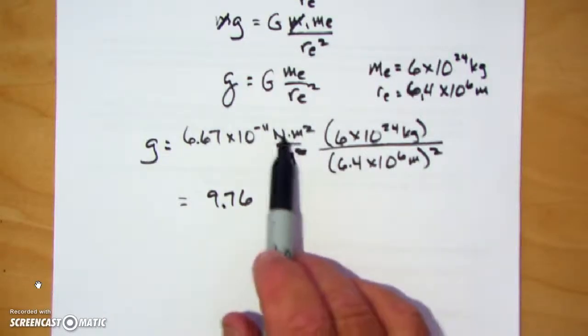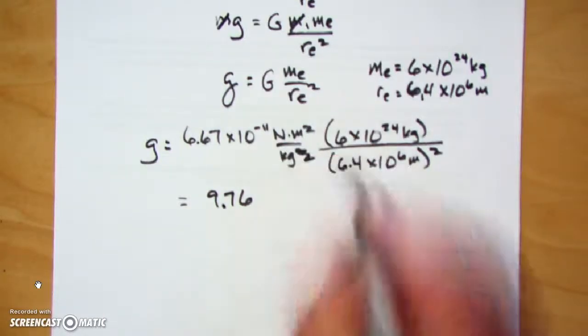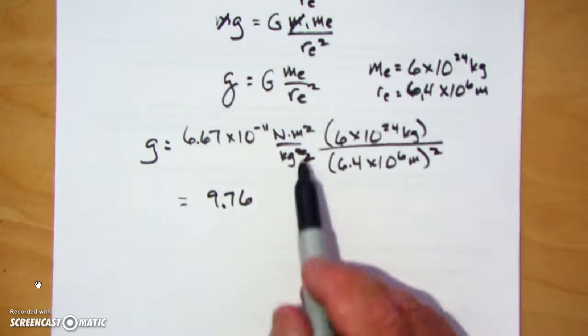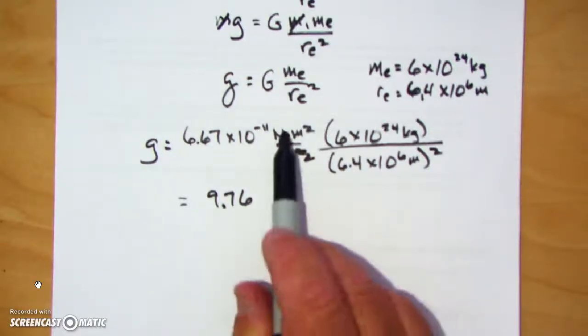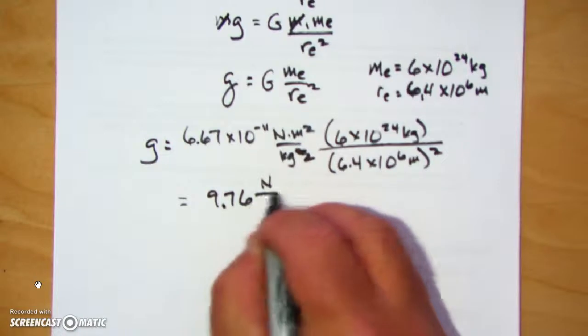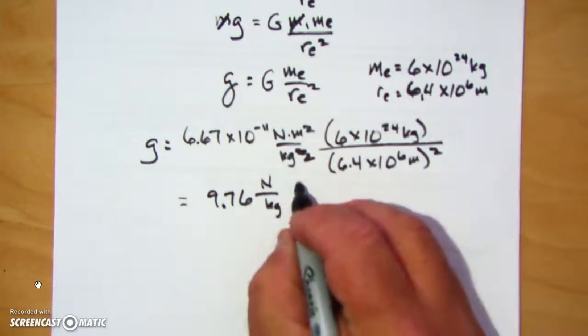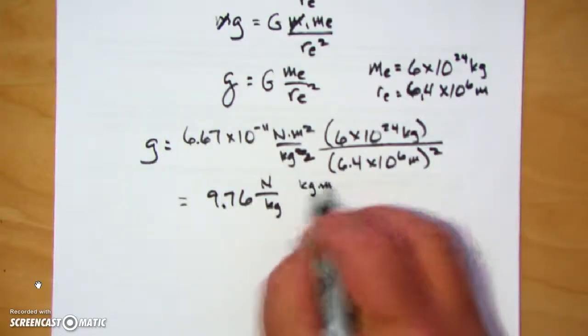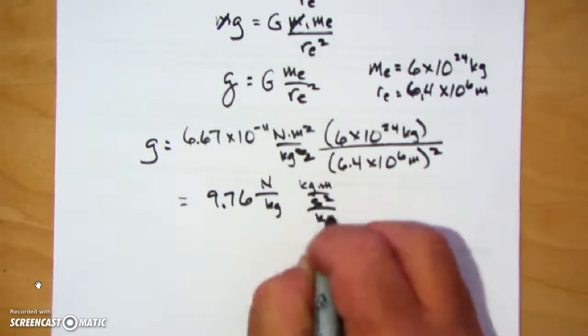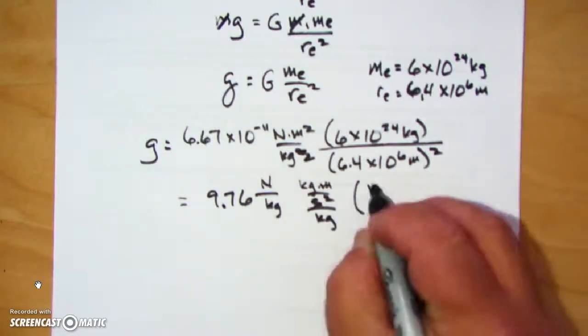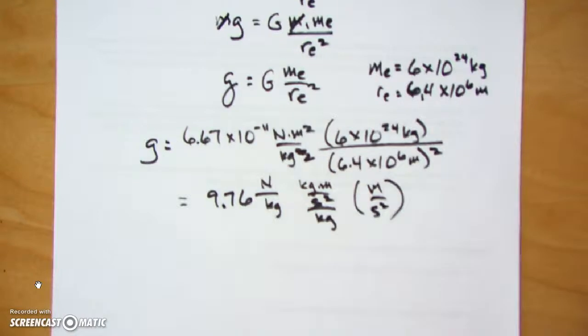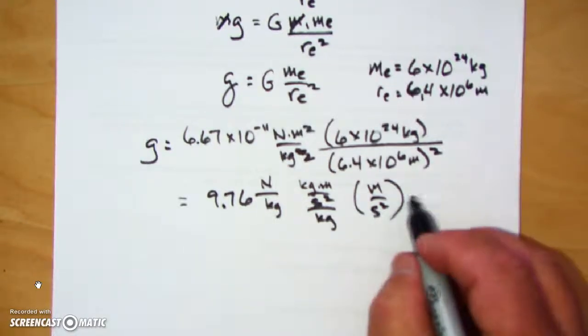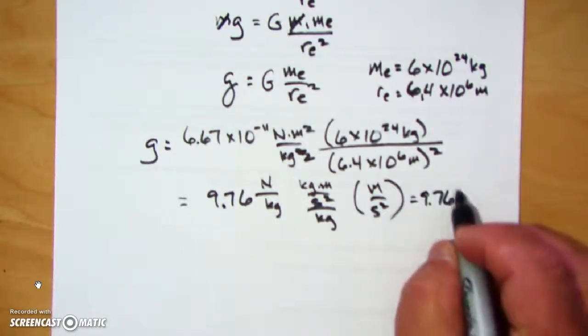I'm left with newtons per kilogram. Remember, a newton is kilogram times meters divided by second squared, divided by kilograms. I get the units of meters per second squared. So actually, if you put the numbers in, you get 9.76 meters per second squared.